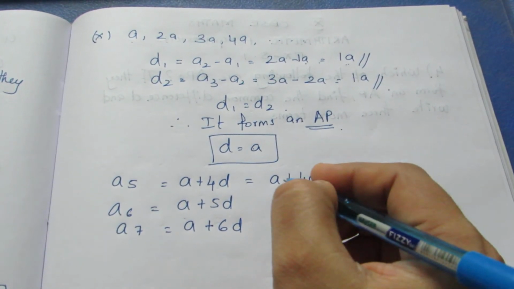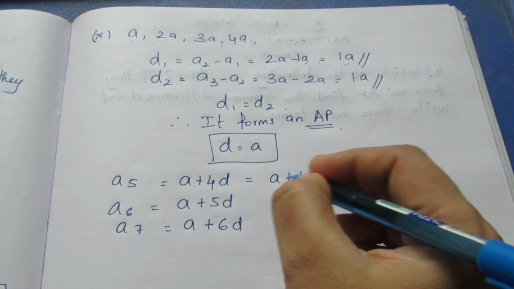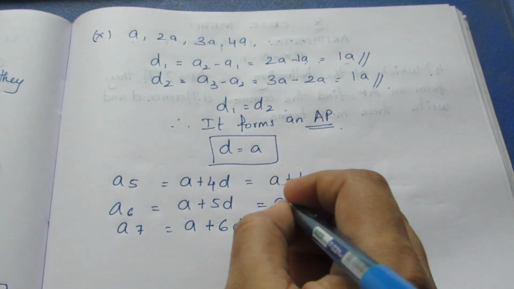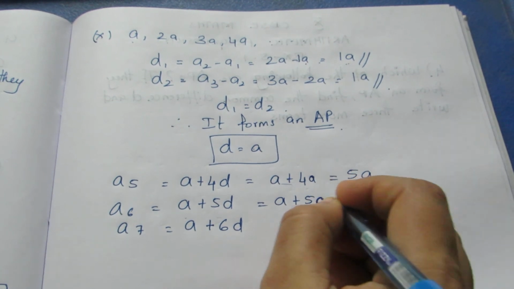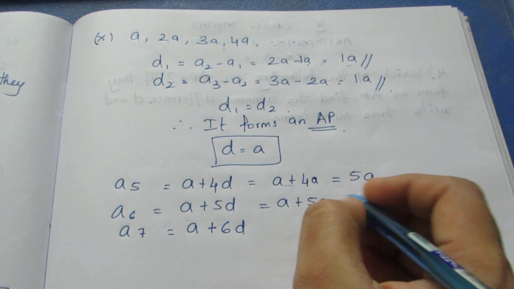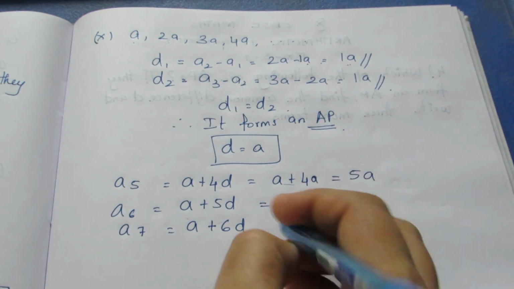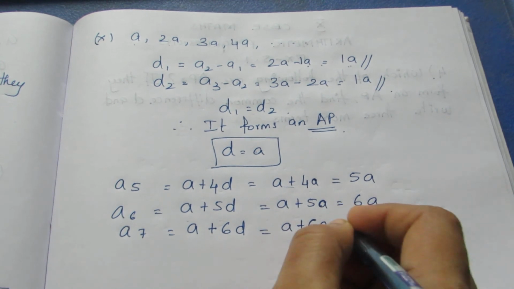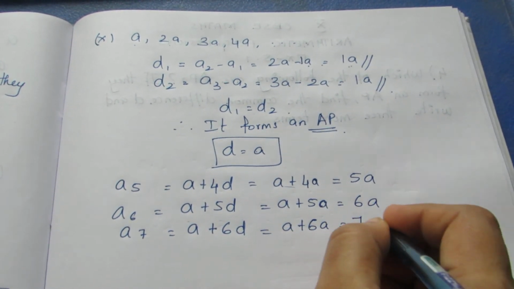As I told before, if there is A, just write A and solve the coefficients. 1 plus 4 will be 5. Here A plus 5D, 5A or rather 6A. D is A, so I am writing A instead of D. Here also A plus 6D, so 6 into A, A plus 6A will become 6 plus 1, 7A.